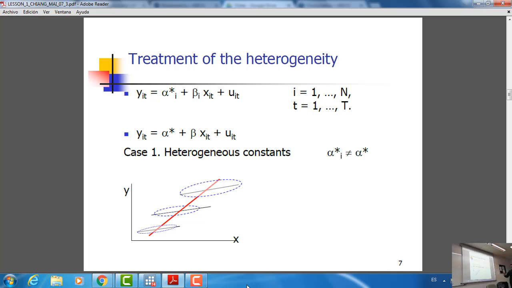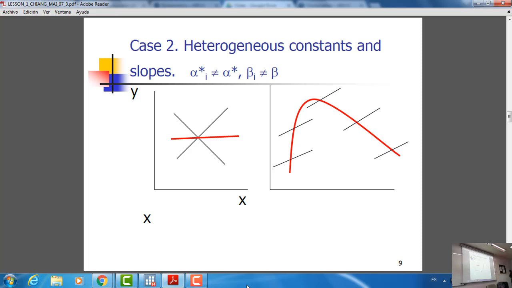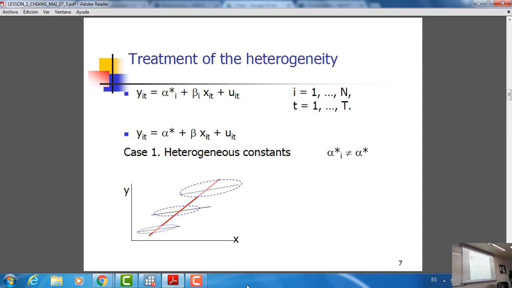So let's see now a few examples. Let's go back. A few examples of heterogeneity treatment. The treatment of heterogeneity here, in this very simple case that I already talked about in the previous class, is that assume we have 3 individuals, 1, 2, 3. We are talking about maybe income and expenditure on clothes.